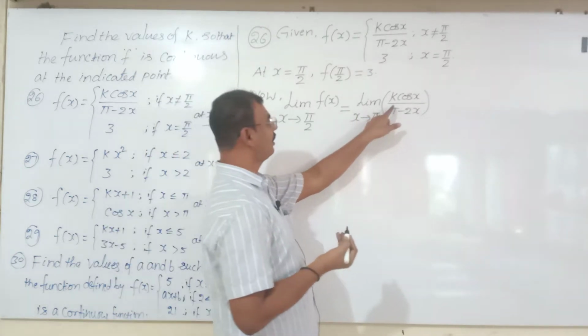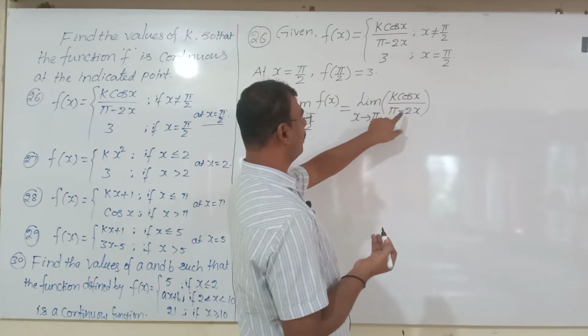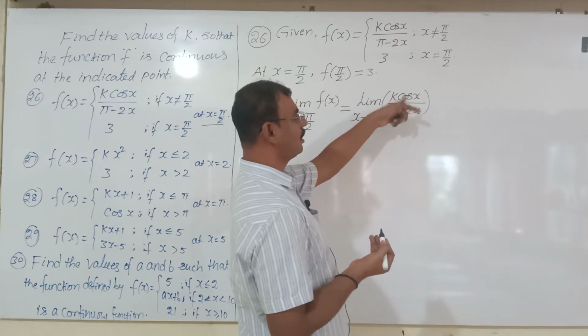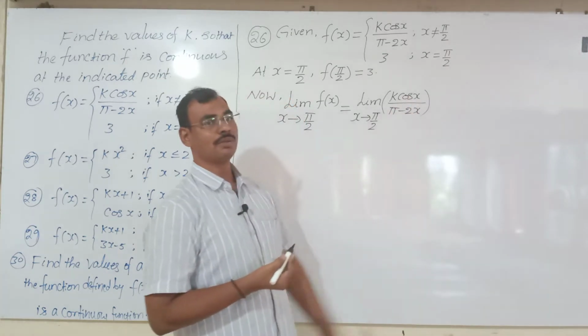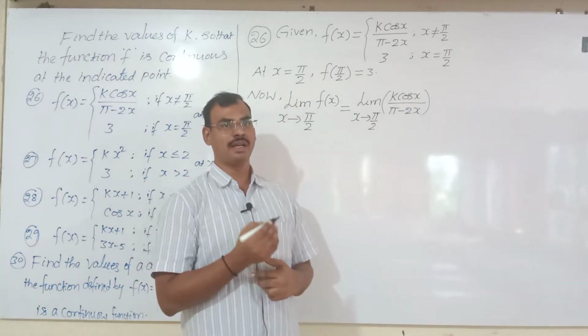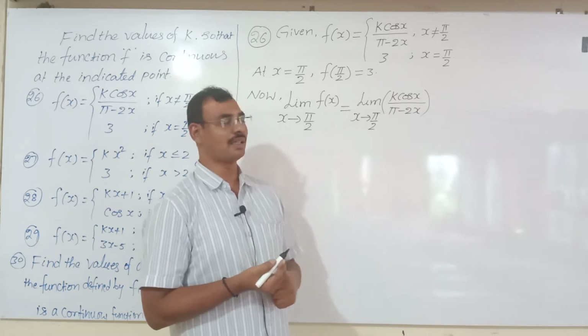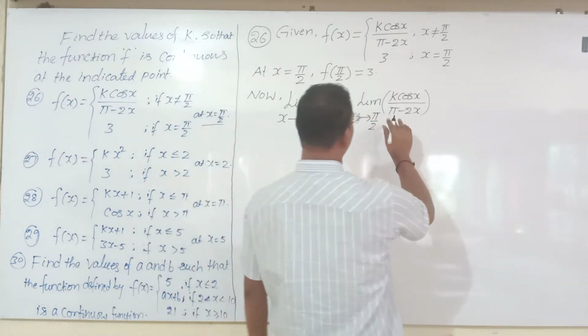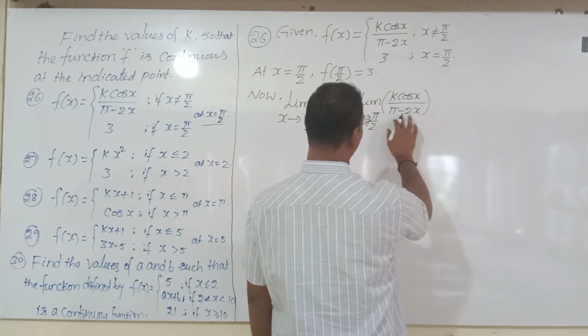Let us see the simple way. It is a constant number k. I would convert in terms of sin. We all know cos theta is equal to sin of 90 minus theta. Okay, firstly I would take 2 common in the denominator.